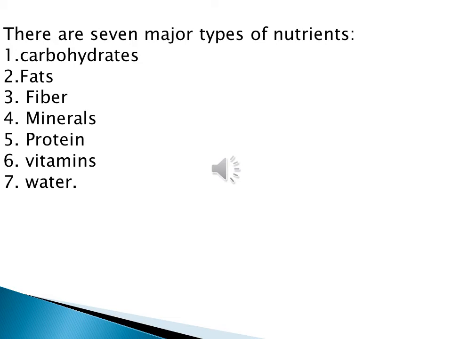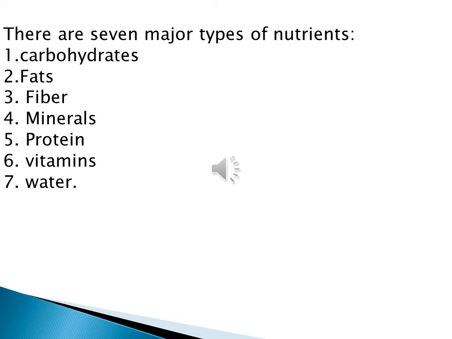About the types of nutrition in the balanced diet, there are 7 types. They are carbohydrates, fats, fiber, minerals, protein, vitamins and water, of course, because without water none of the digestion in the body will happen. We need water.